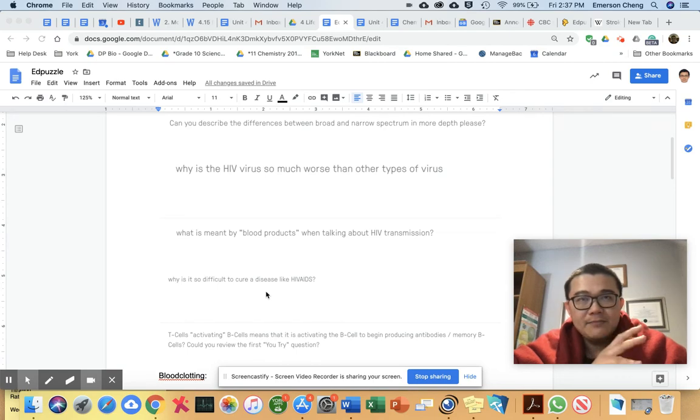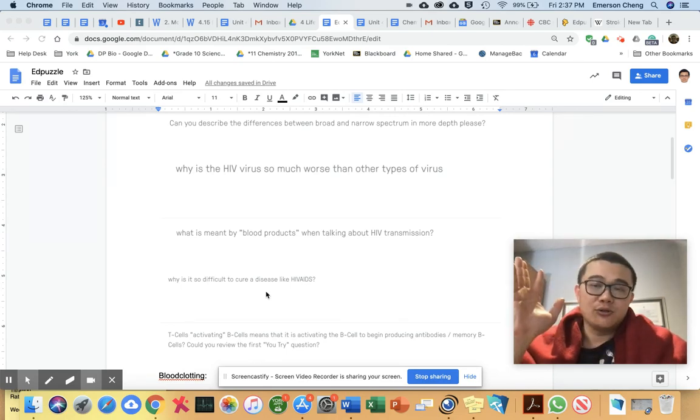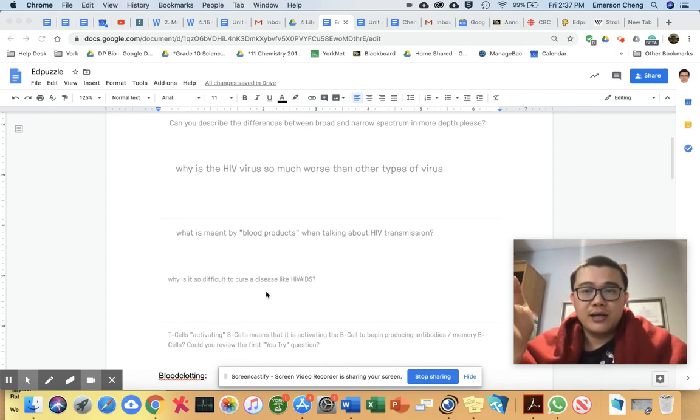But at the same time, it hits a certain right spot where it mutates more than it should, but not to the point where it causes errors in the DNA. So in some ways, it mutates a lot without getting the DNA so damaged that it's useless. What this means is that you will constantly have new strains of HIV virus.